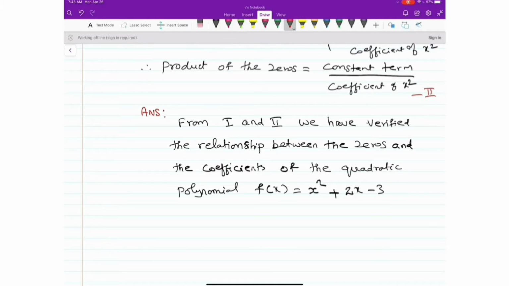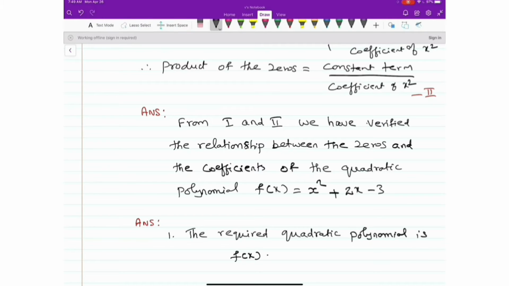Now of course you have to conclude your answer, wherein you have to write the answer for both the parts. So the answer for the first part: the required quadratic polynomial is f of x is equal to x square plus 2x minus 3.